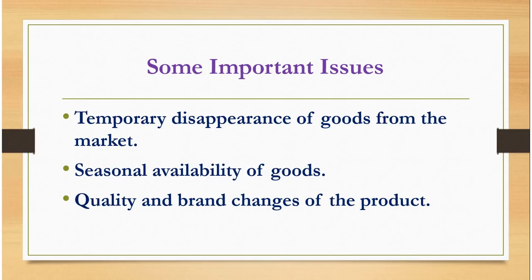Some of the goods are available during some months of the year only, so we should treat those goods in a specific way. And the most problematic area is the case of quality and brand changes of the product. Often the product does not disappear from the market, but its quality changes continuously and its brand name may change. In such a case, the CPI basket has to be adjusted by proper substitution or by using some other way.